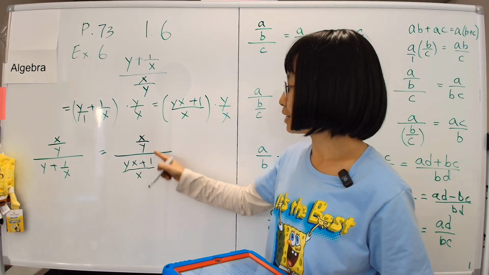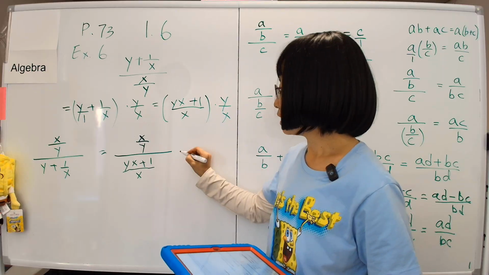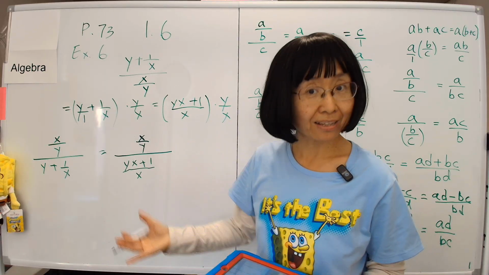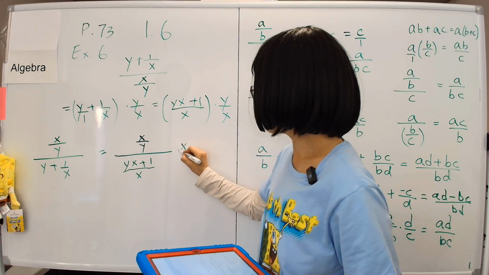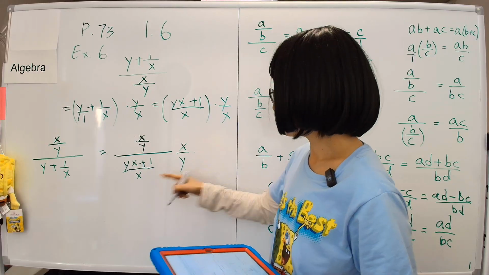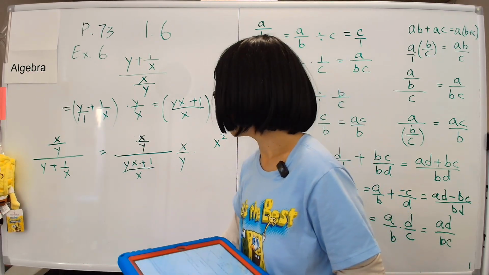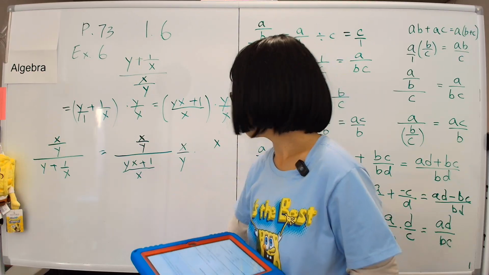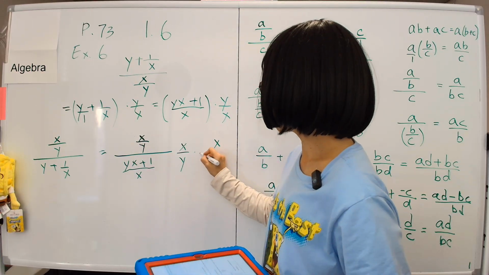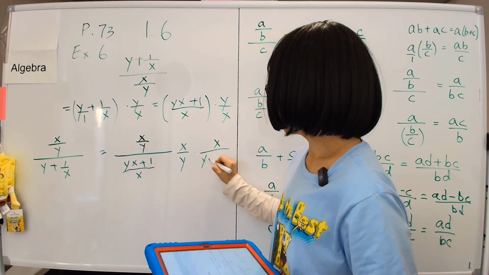And once you're dividing by a fraction, then you apply the invert and multiply principle. So this equals x over y times, invert and multiply that thing, which is x over yx plus 1.